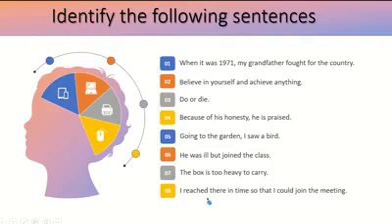And number 8, I reached there in time so that I could join the meeting. Here we find one independent clause and one dependent clause. So it is a complex sentence. Now let's match the answers.